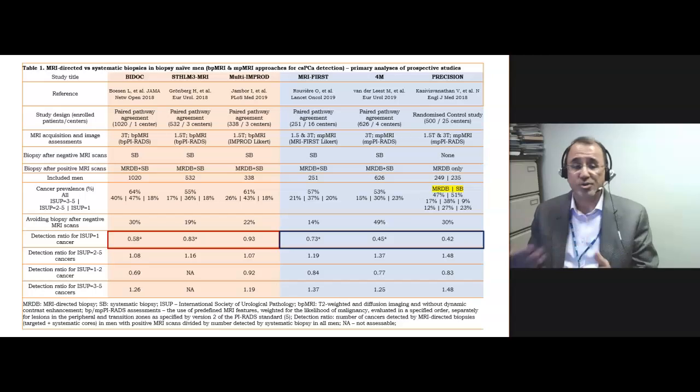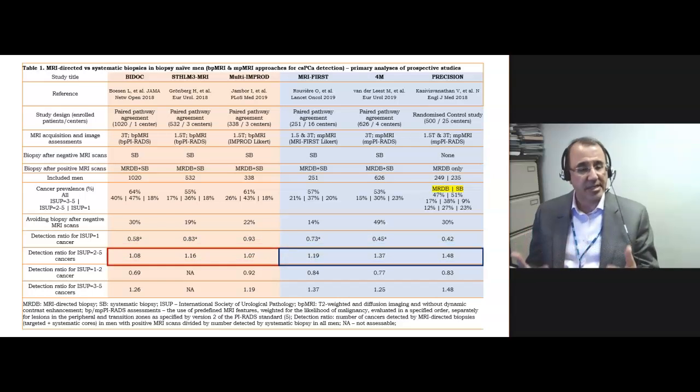After all, you're using the same method of analyzing the data. But if you look at the detection of clinically significant cancers, you'll see that there is only a small increase in the detection of clinically significant cancers using a biparametric approach, but a much greater yield using a multiparametric MRI.